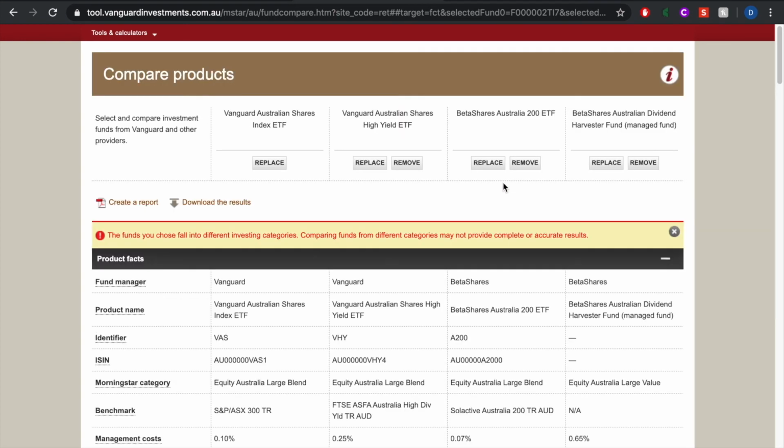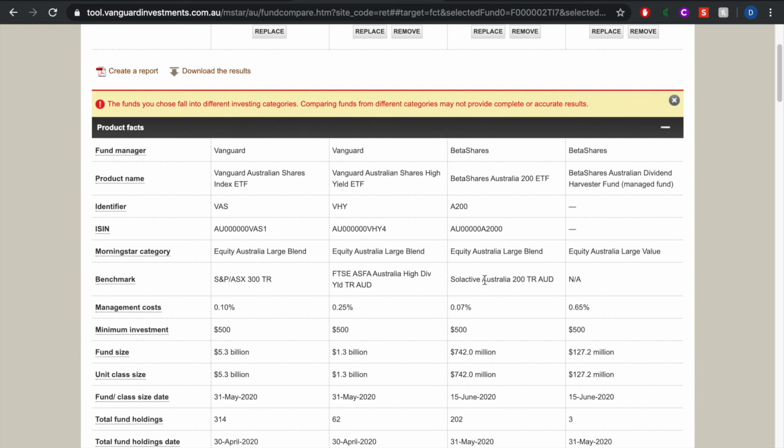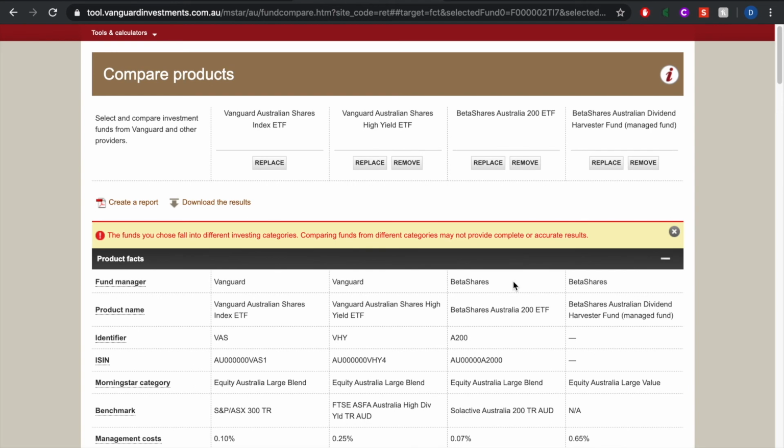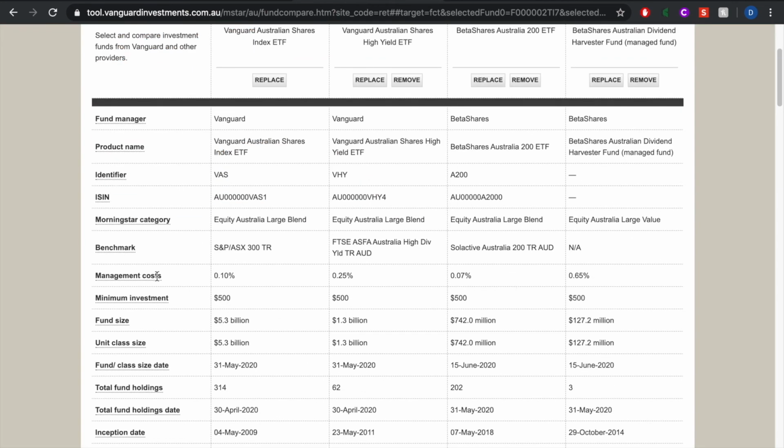Now obviously when you compare this, you have to compare apples to apples. Sometimes you can't really compare a Vanguard Australian Shares Index with, say, a Vanguard Australian government bond, because they give you different results in terms of the yield and the benchmark and everything else. Looking at that, same deals apply.